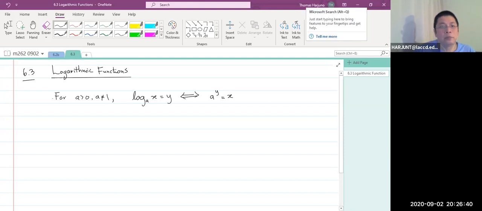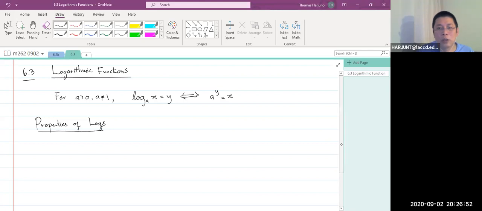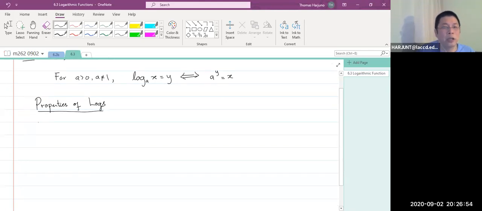Properties of log. Some of them are quite basic, but I'll go ahead with the 3 major properties of logs. Log base a of a product equals the sum of logs.